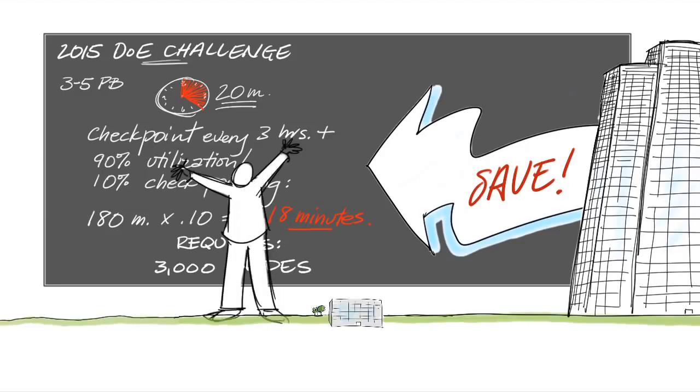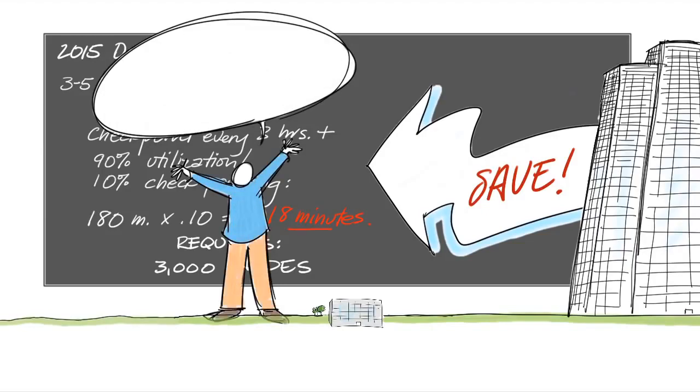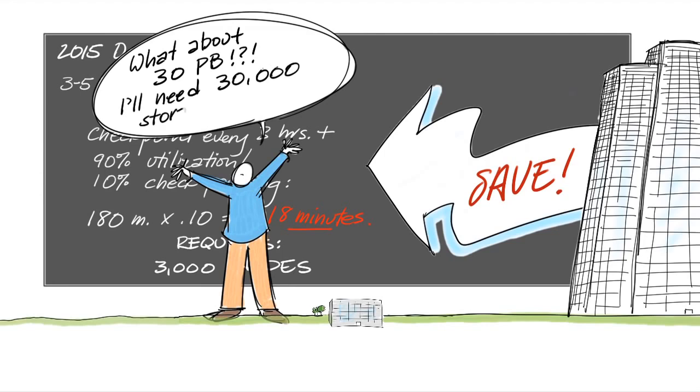And what about future challenges generating not 3, but 30 petabytes of data every checkpoint? Will the DOE be able to deploy 30,000 storage nodes instead? When it comes to exascale, buying storage for performance and not for capacity becomes exorbitant. Get it? In essence, this equation, I'm afraid, is not big data proof.